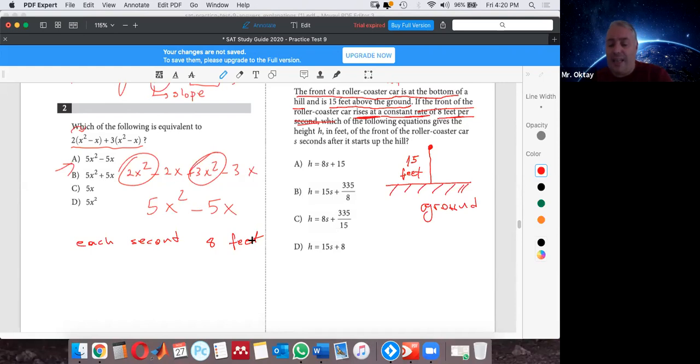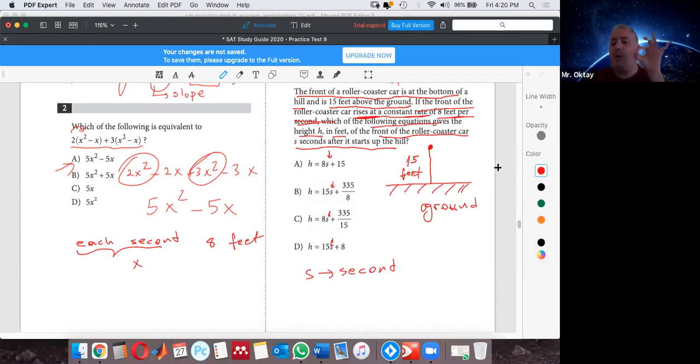So each second, it is getting 8 feet. For the seconds, normally I can use x, but when I read the question, everything is in terms of s, which means seconds. What is the question? Which of the following equations gives the height in feet of the front of the roller coaster car s seconds after it starts up the hill? Now be careful.